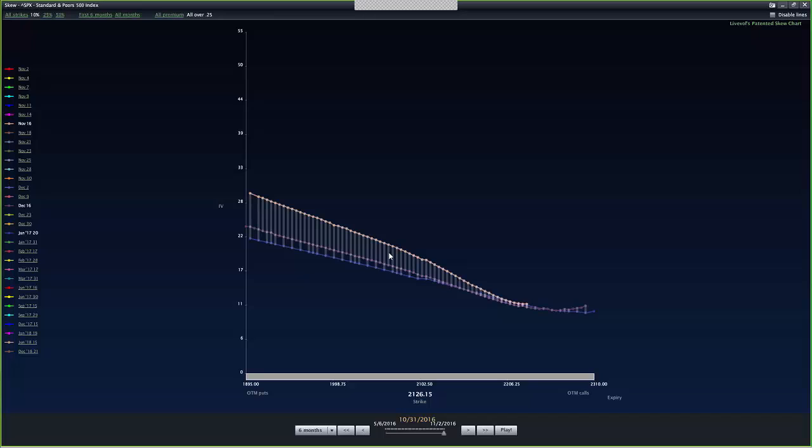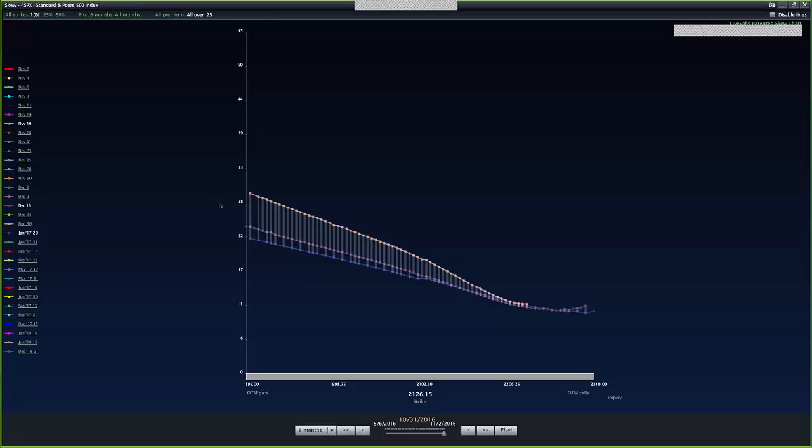How much time premium am I buying or selling at that strike? That means if I'm using in the money or out of the money options, it really doesn't matter because I'm only looking at the time premium. That's number one. Number two, if I wanted to collect the most time premium possible, where would I look? At the money, right? That's where the most time premium is.